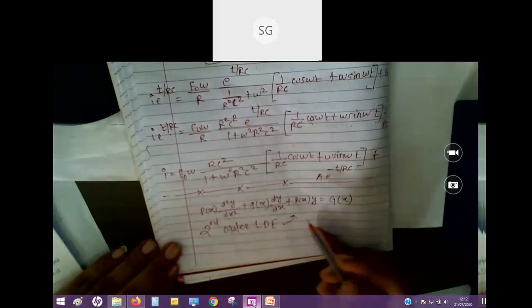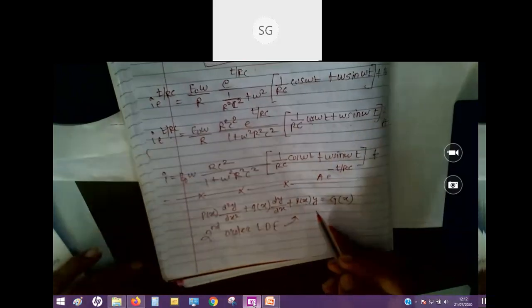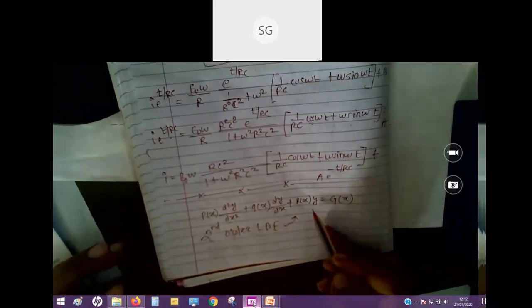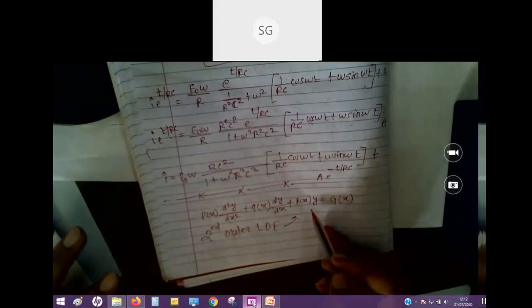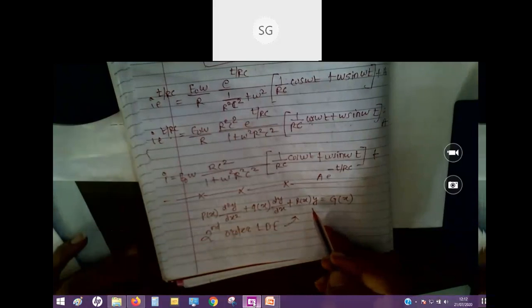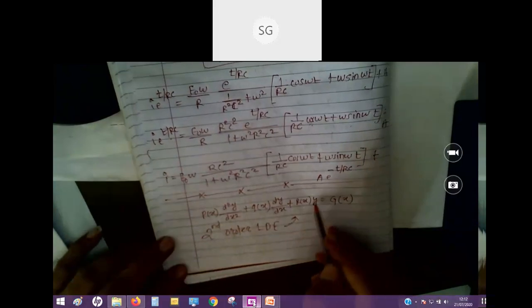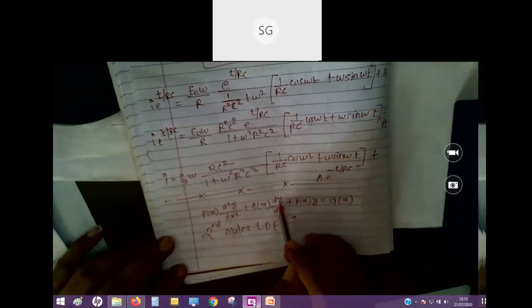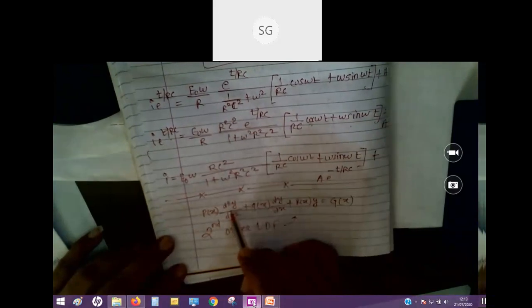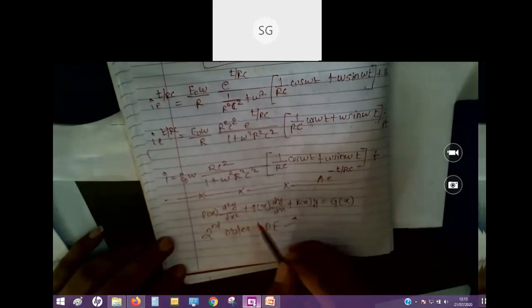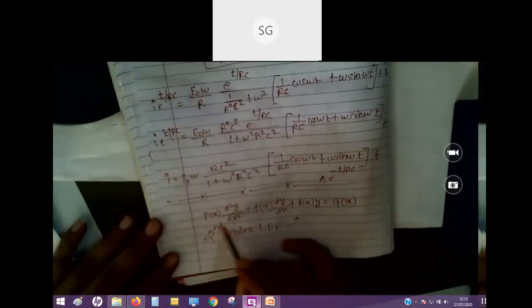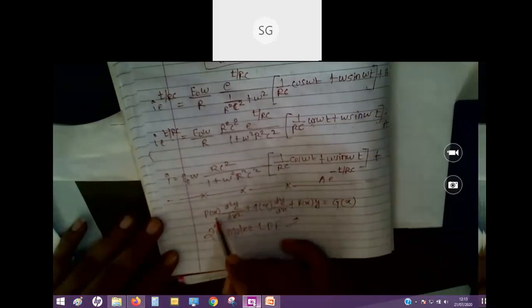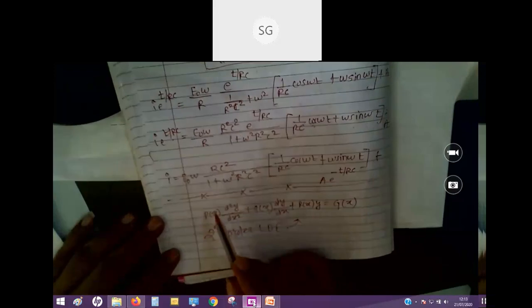Please see, the dependent variable y and its derivatives, dy by dx and d square y by dx square, have coefficients in terms of x, that is, in terms of the independent variable.